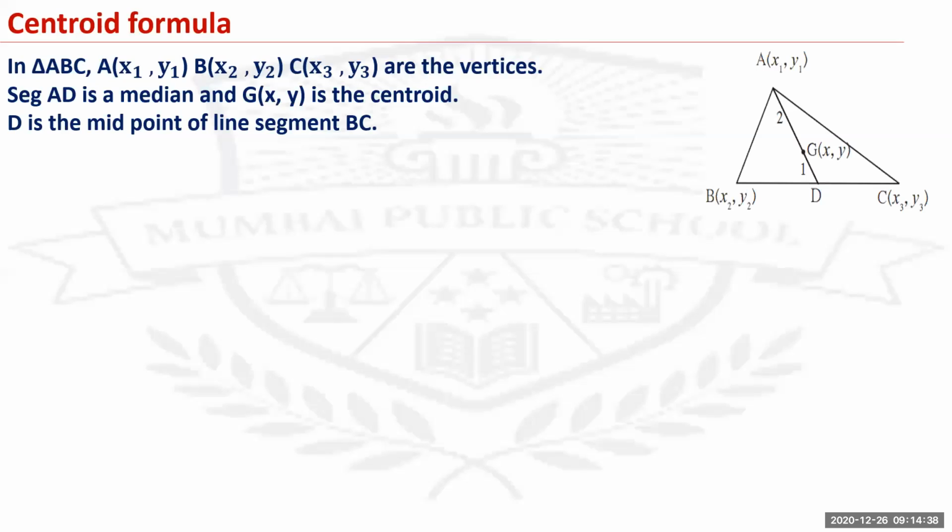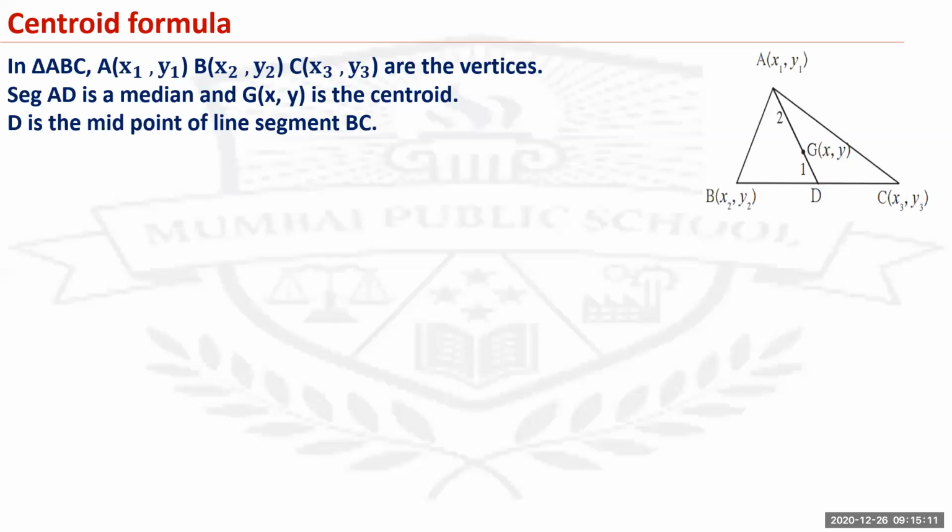Now when we are talking about the centroid, can anybody explain what a centroid is? Check here. AD is what? AD is a median. So when the medians of the triangle meet at a point, that point is called the centroid.